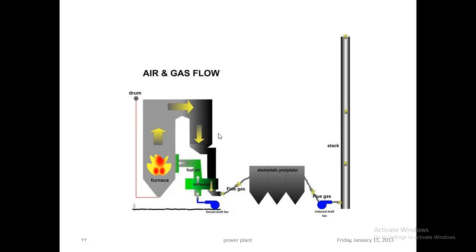Here is the economizer, which can convert your water into steam. That steam is what we call wet steam. Wet steam is further converted into dry steam.